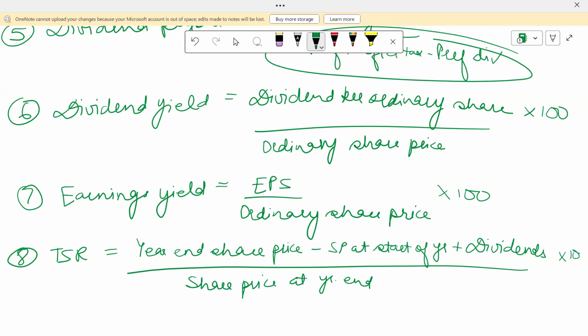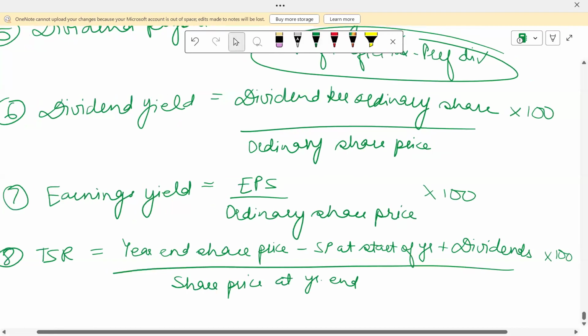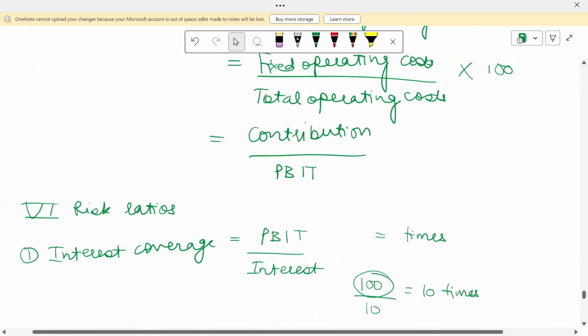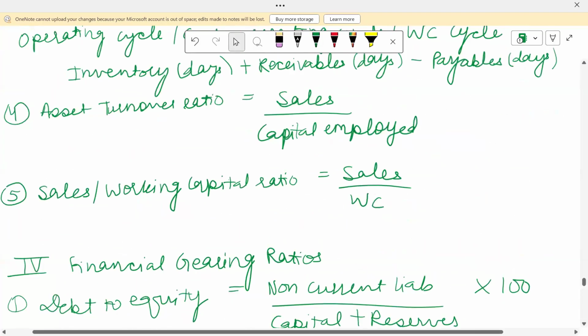And you multiply this whole thing by 100, so you will get your total shareholder return as a percentage. So with this, we have covered the last chapter that we had in the FM syllabus.